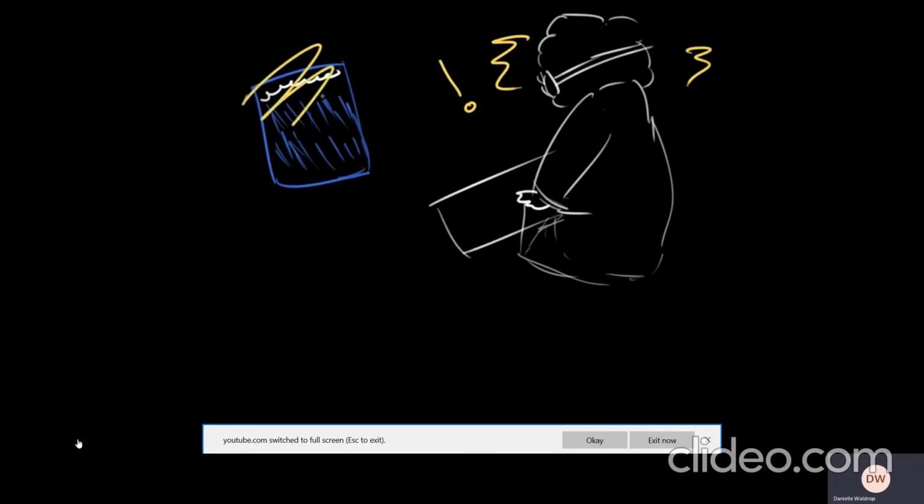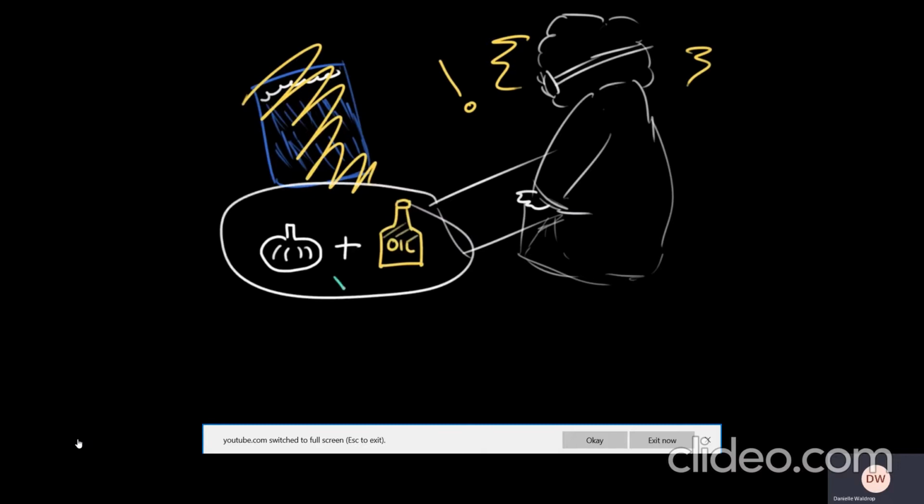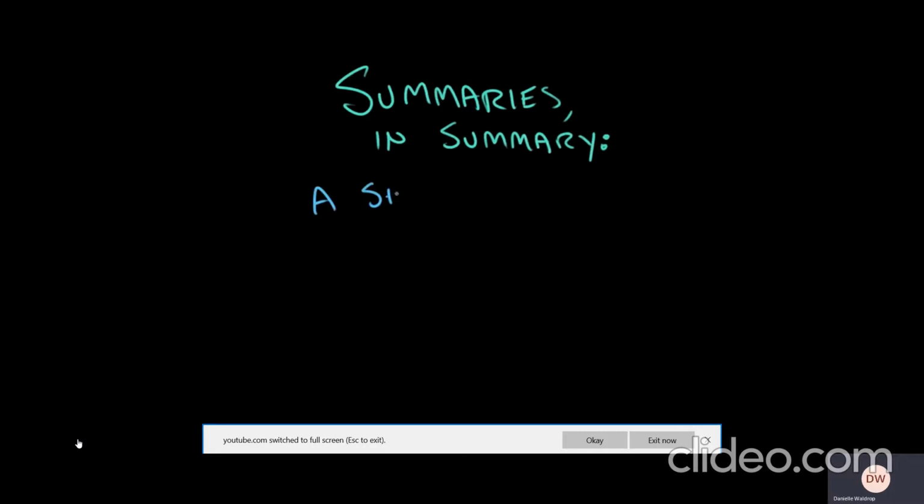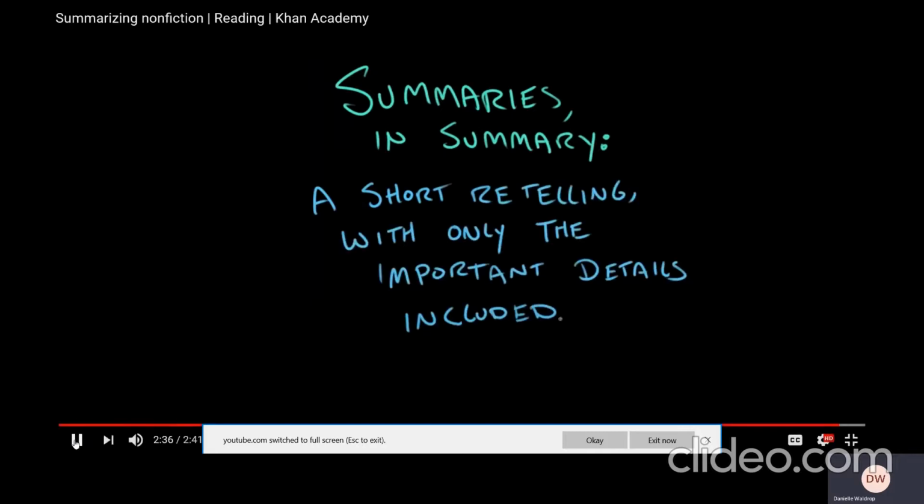I'd say no. The big picture is that the team discovered the medicine, not that it was raining when it happened. But if the cure for robot flu involved garlic and motor oil, yes, that's an important detail, because it relates back to the big picture. We discovered a medicine, and here's what's in it. To conclude, let me summarize. A summary is a short retelling of a piece of text with only the important details included. It's like a simple map of a place. A short retelling with only the important details included.